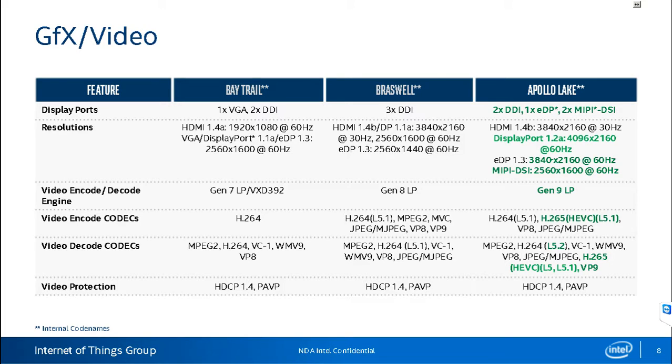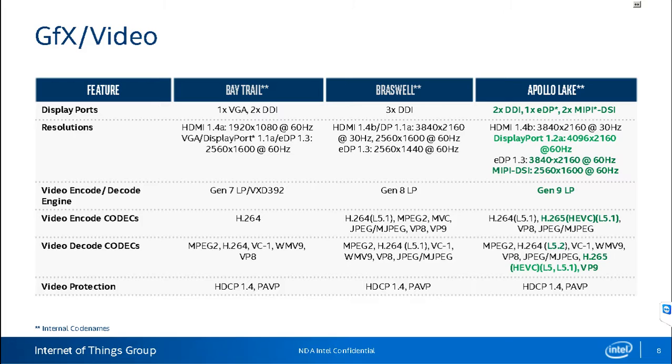So we keep supporting HDMI 1.4b, but also on DisplayPort, we can include DisplayPort 1.2a with higher resolution, eDP 1.3 also with a higher resolution, and MIPI DSI with a 2560 by 1600 resolution.